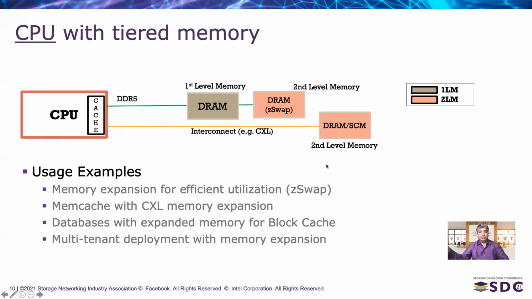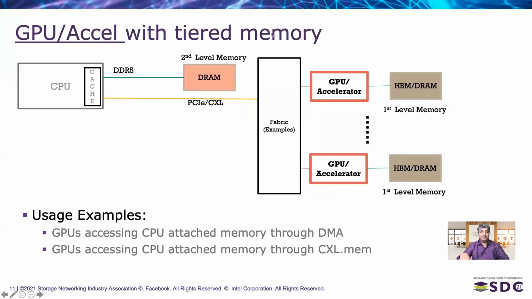That example is not shown here. So memory that is natively connected is primary memory and hence 1LM memory. Databases, caching applications, and multi-tenant applications can all use the above systems for expanding memory capacity. We'll discuss this in more detail in later slides.